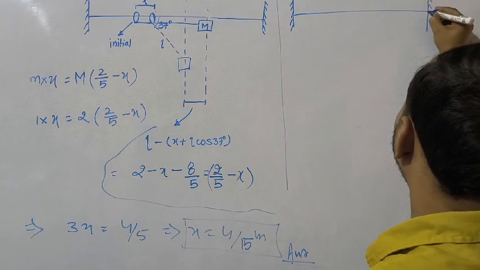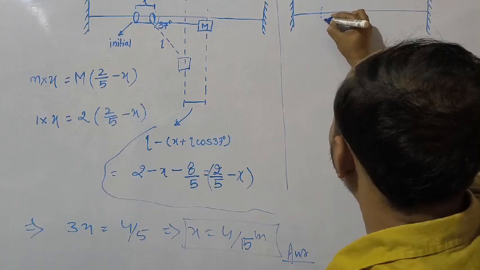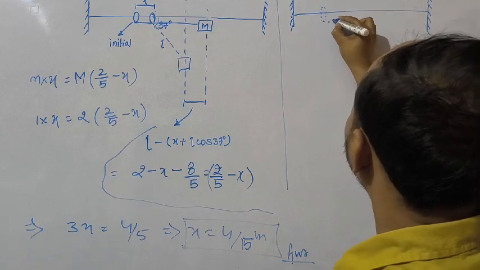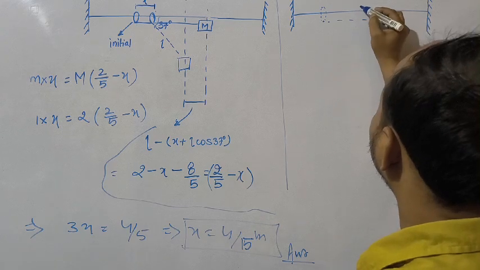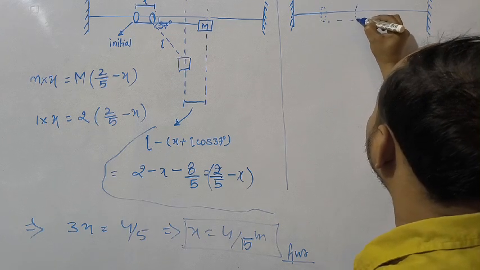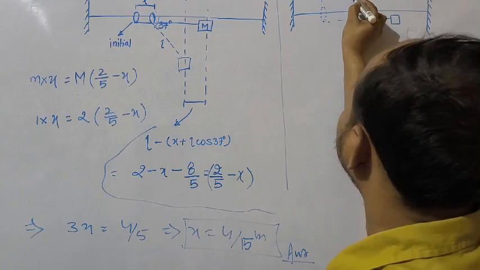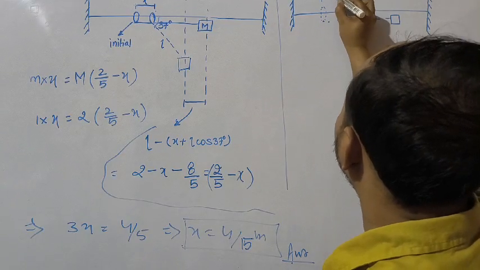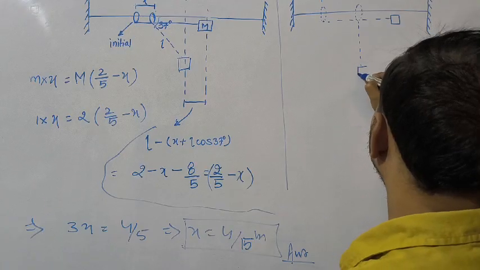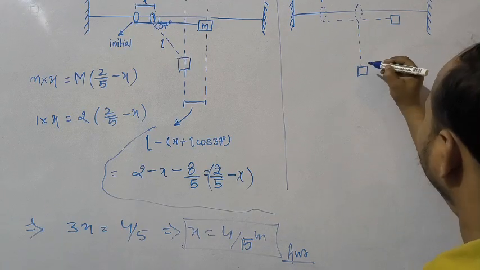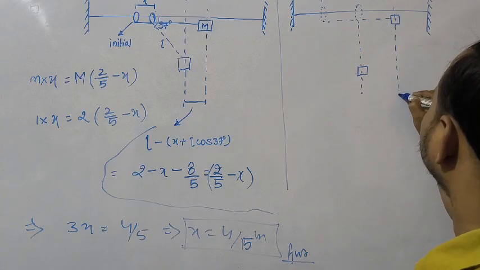When the string will hang vertically, let's say initially the string was in this situation, the block was as it is. Now let's say the bead has shifted to a distance x, and the block is hanging up to this position, again we have to find this shift distance.